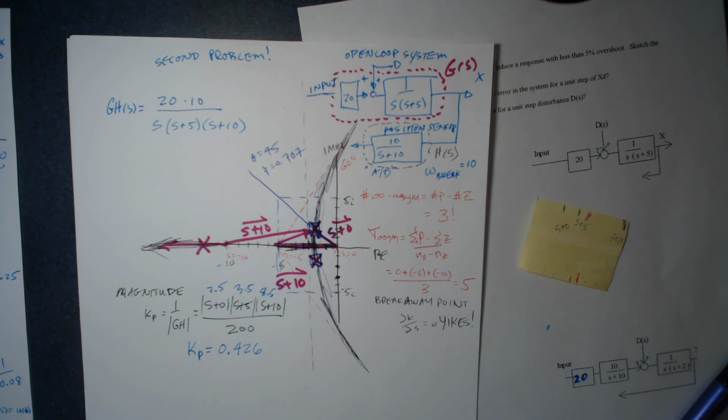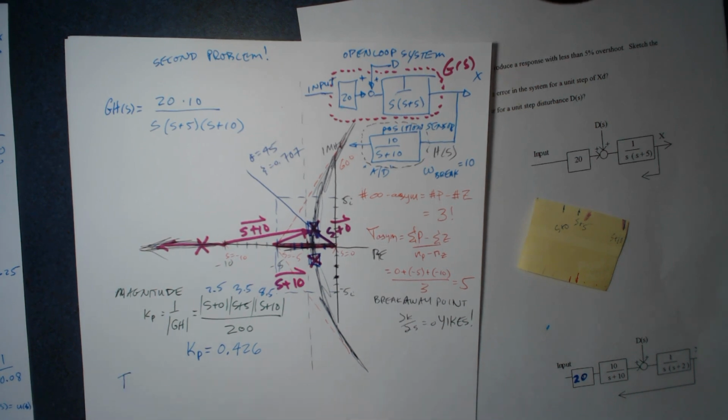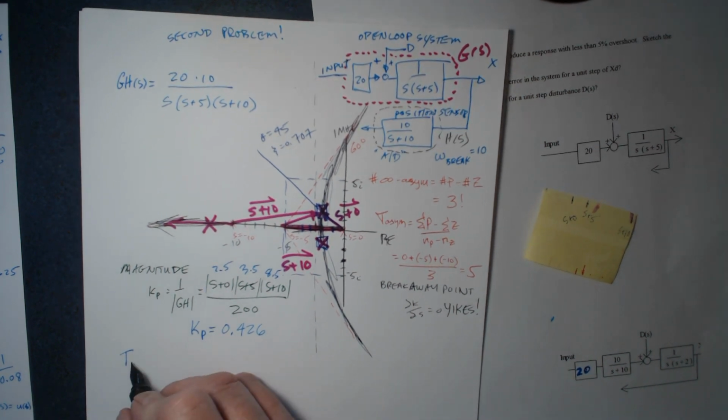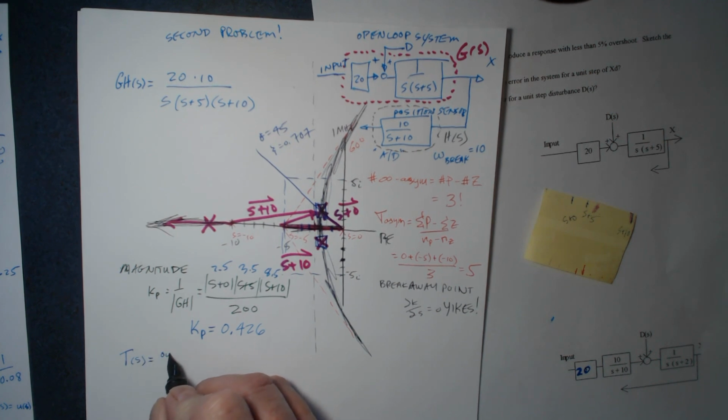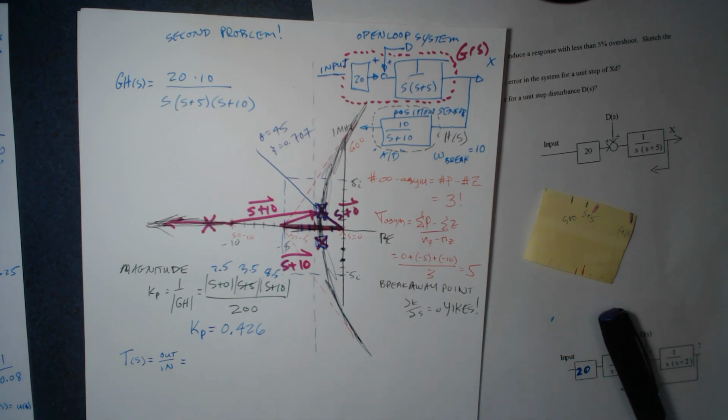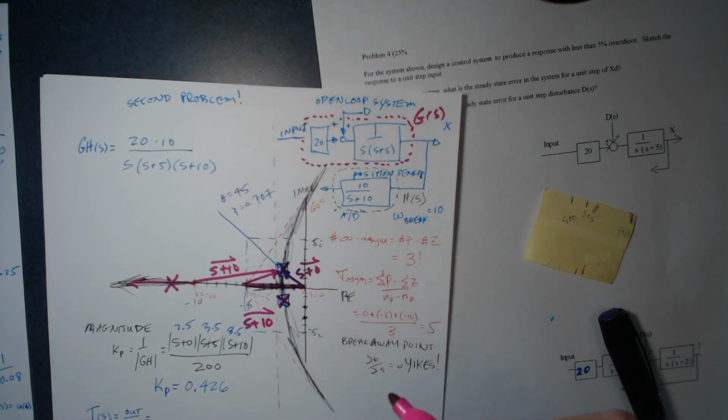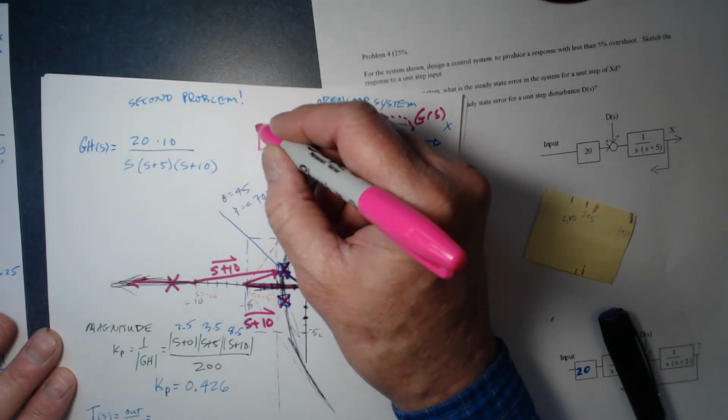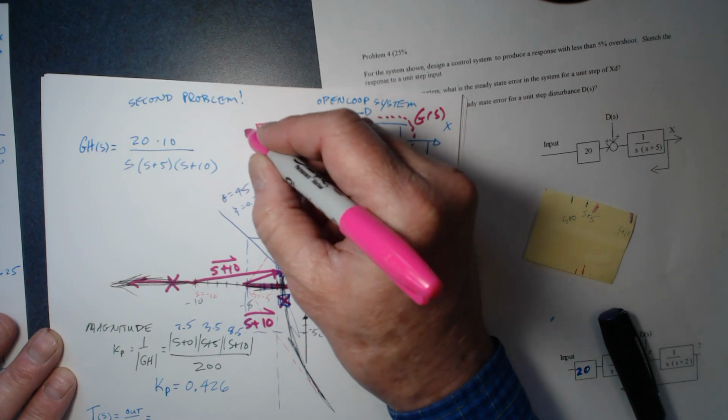Okay, and so I still have to go back and look at the closed loop transfer function, T of S, which is equal to the output over the input. The closed loop transfer function, I never even drew. I should have. I've been negligent here. I should have drawn Kp, that.